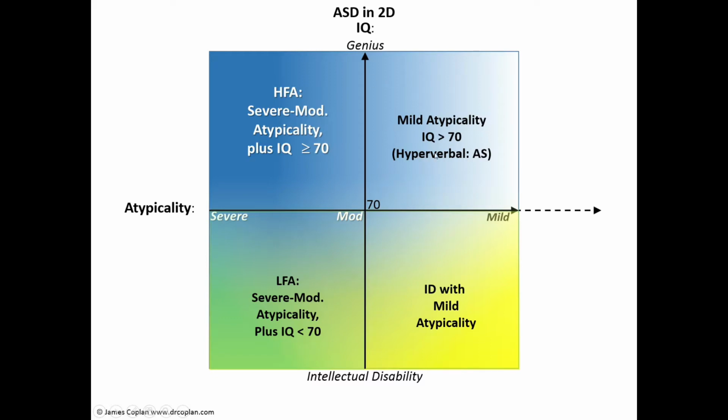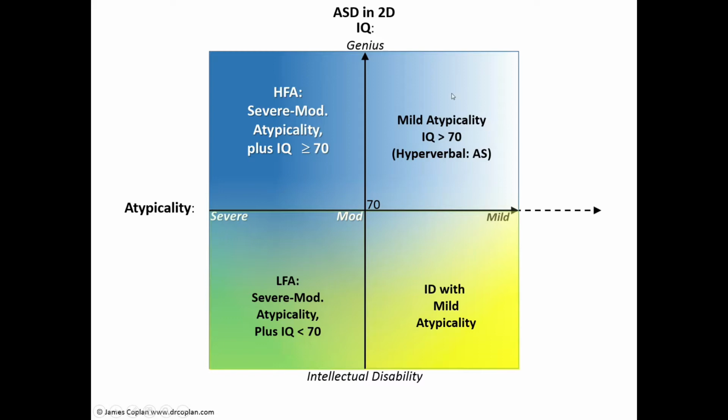And these are the children who, if they're hyperverbal and socially intrusive, Lorna Wing and Uta Frith referred to as having Asperger syndrome. Tony Attwood also. This would be Asperger syndrome, although Asperger himself didn't use the term, and he described children in all four of these quadrants, but that was the name that stuck to these kids.